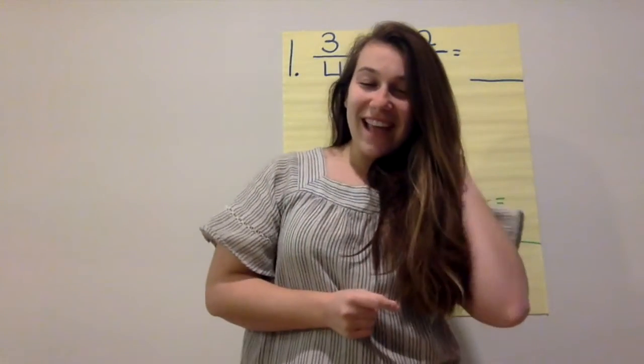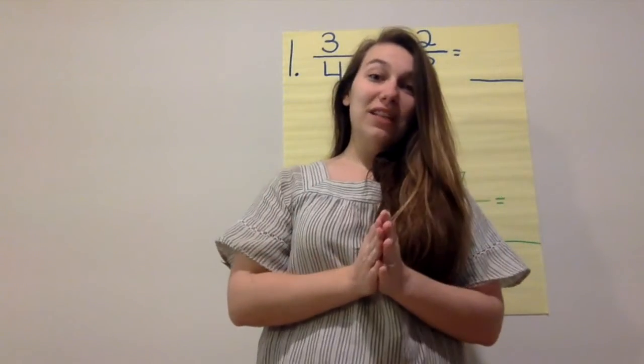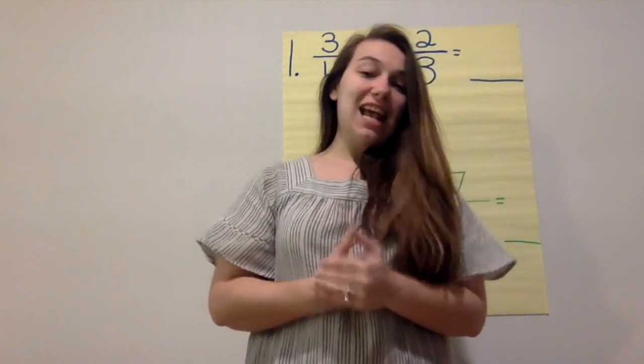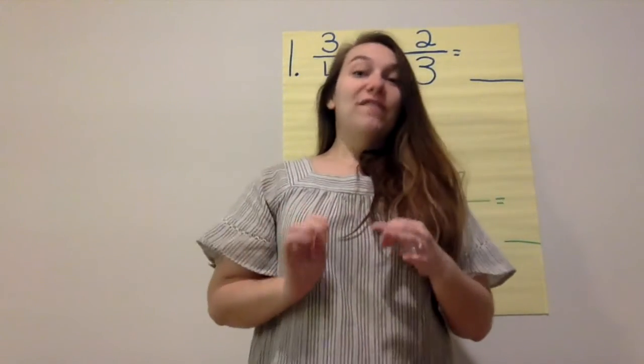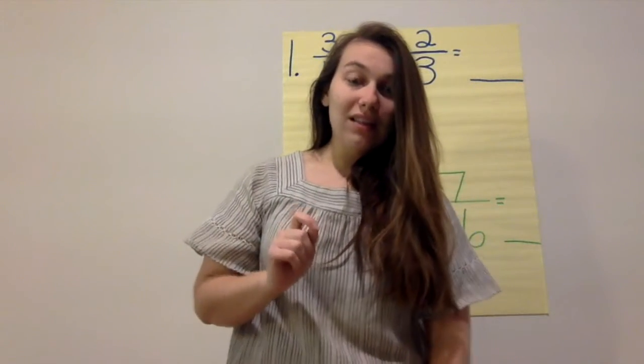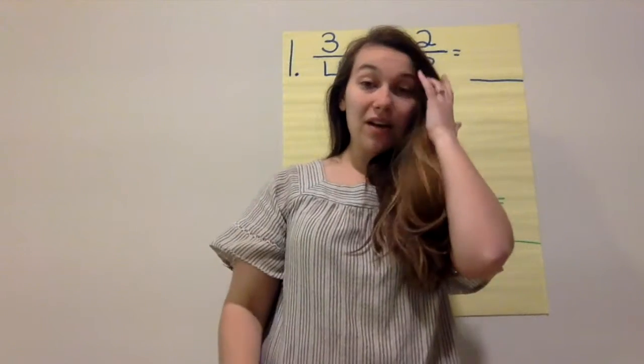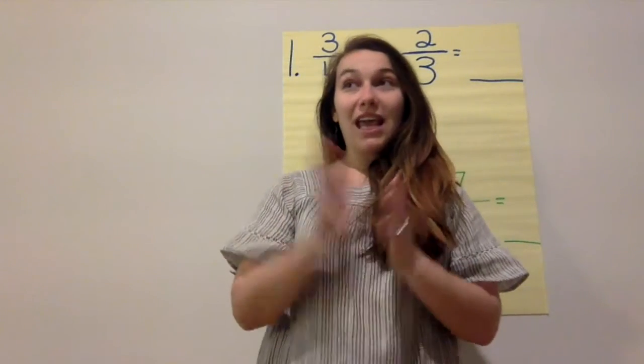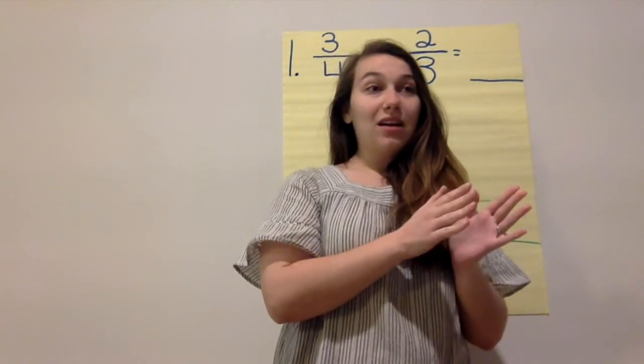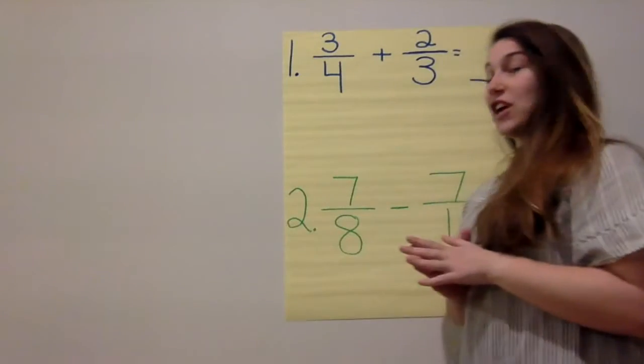But for right now, get out a piece of paper and we are going to do something exciting today. In our video on Wednesday, we looked at comparing fractions with uncommon denominators. So today we are taking what we learned there and moving one step further.